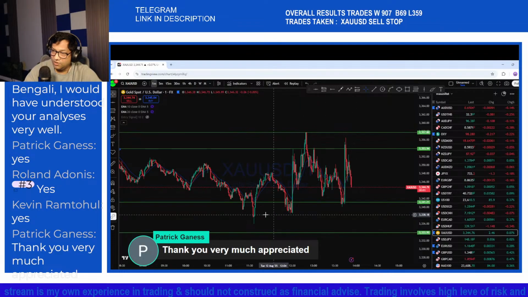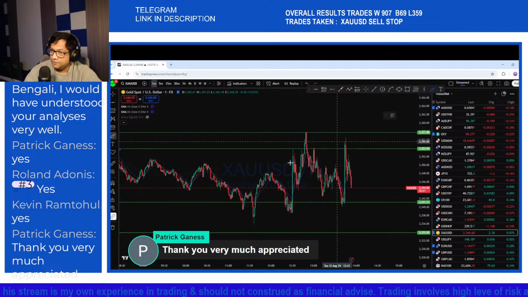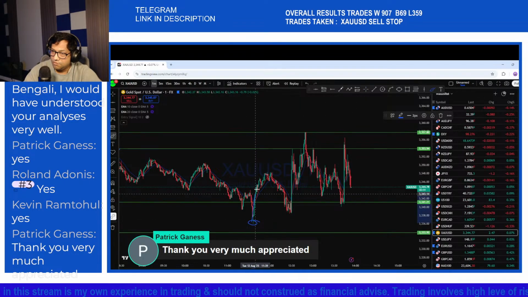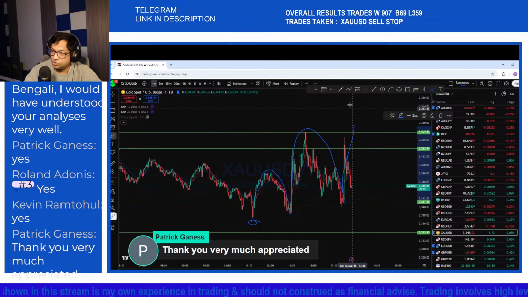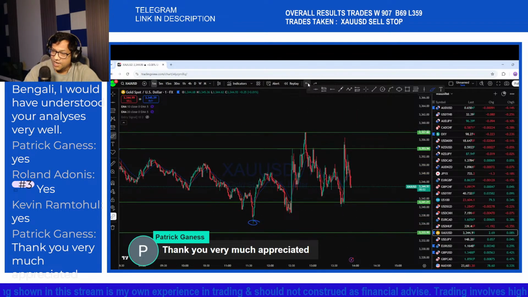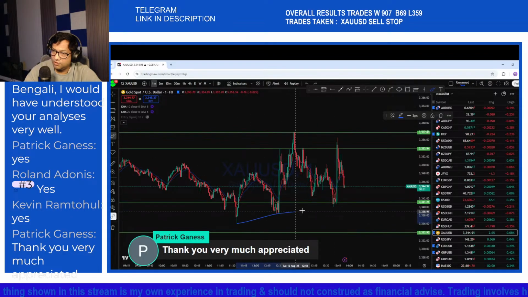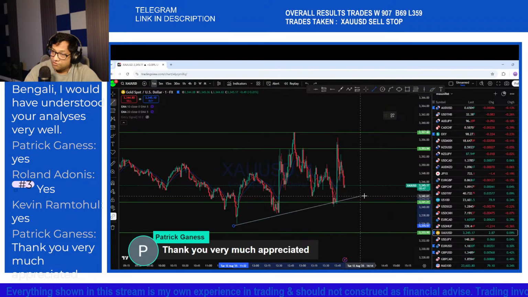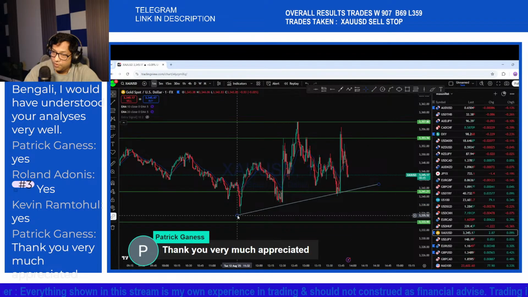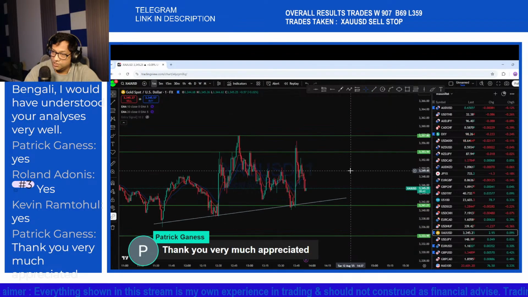So this level is being reacted to. Here is a reaction, drop to that level, reaction, drop to that level, reaction. In that reaction there is a pattern, creating a series of higher lows. So the market may try to move back to the upside from those areas.